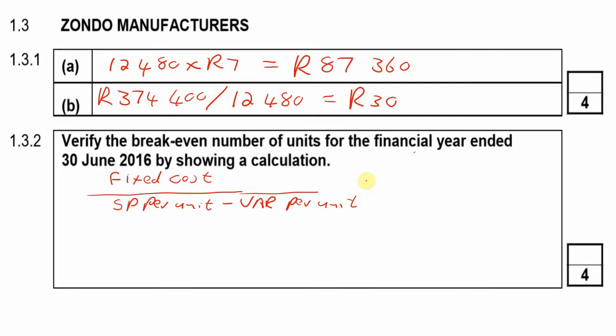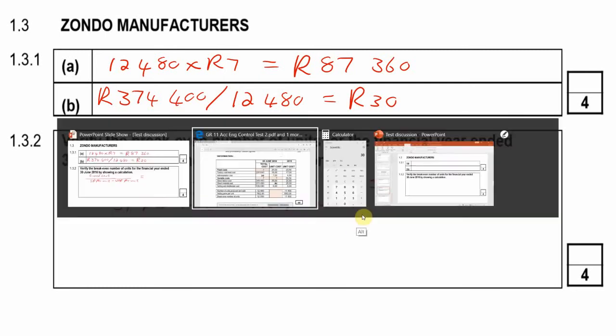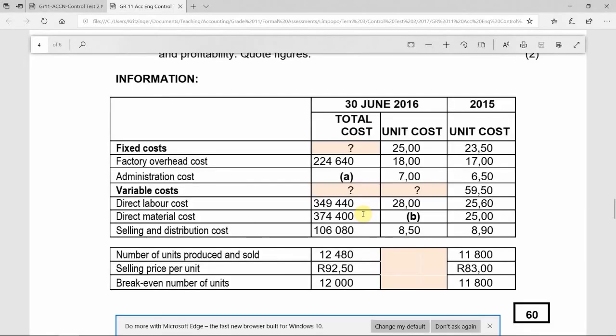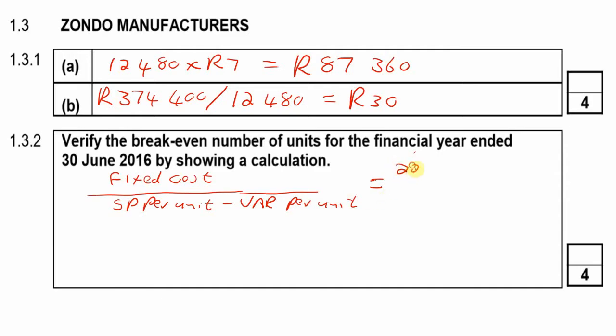So now it's a matter of substituting. Fixed cost, we know, consists of the 224,640, plus what we calculated in A, the administration cost, which is also a fixed cost, of 87,360.